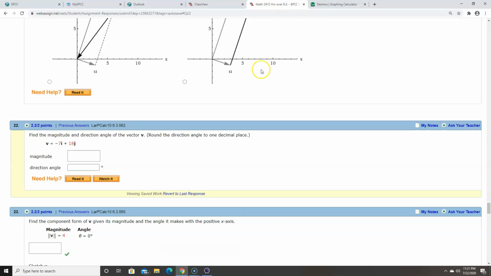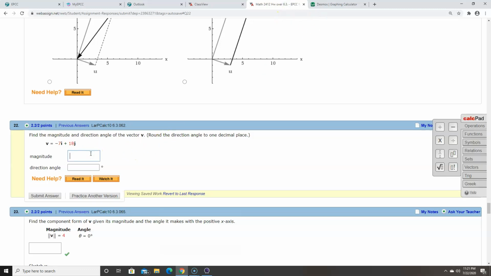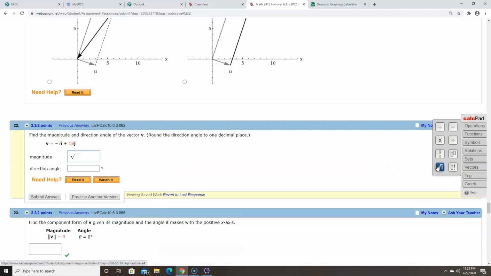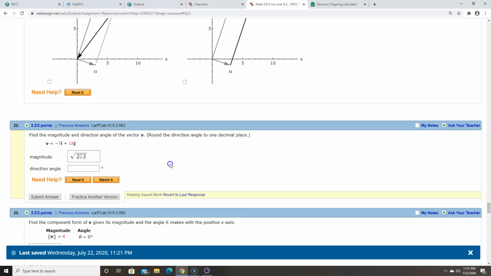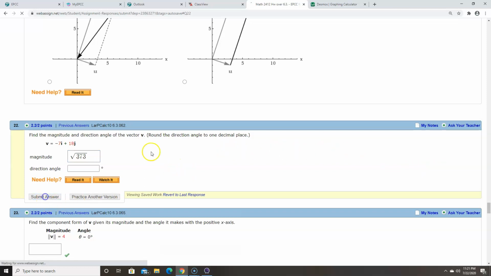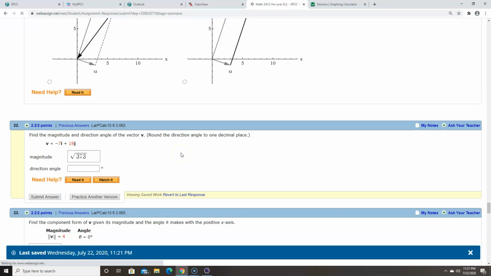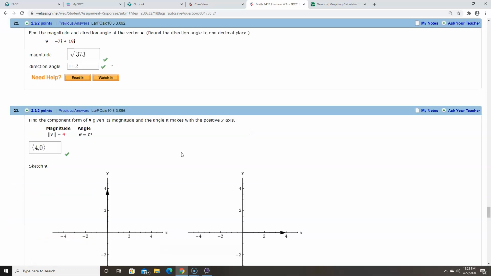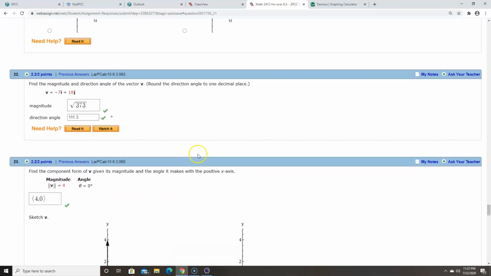So that goes right here. I think on this one I actually put this in here already. And that's good news.